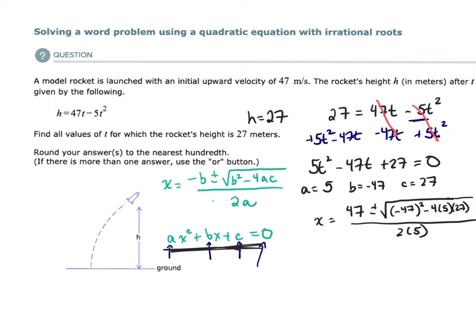Now how I like to work it, I like to find the discriminant first, so I would put this into my calculator. I'm literally going to put parentheses 47 squared minus 4 times 5 times 27.